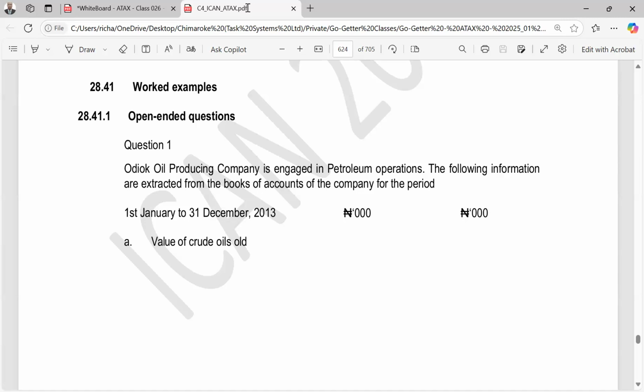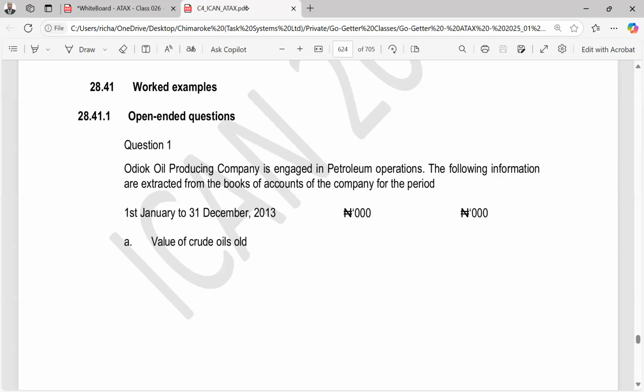Now, how do you know this is an oil and gas taxation question? You'll see the word oil company, oil producing company, petroleum operations, upstream oil segment, oil company, upstream. Now, a company can be doing both upstream and downstream.